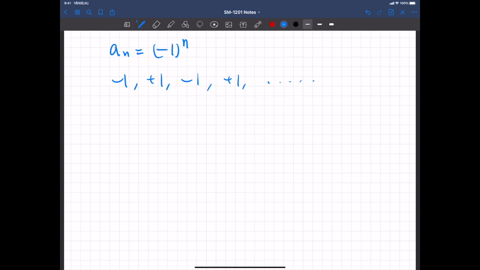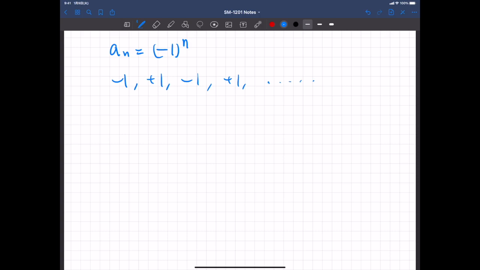It never converges because it doesn't approach any constant, it just switches from negative 1 to positive 1 and vice versa. So this diverges, and it does not diverge to positive infinity or negative infinity, but it just diverges, in the sense that it doesn't converge to any constant.